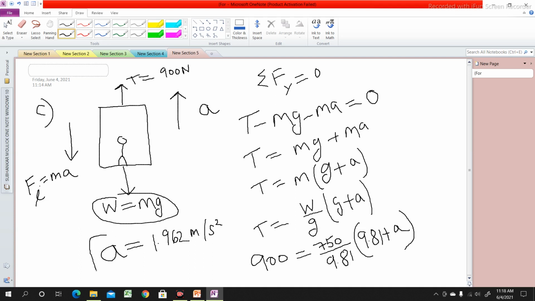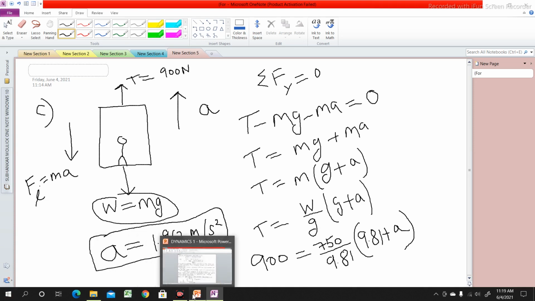So this is the last part of the problem. The lift is moving vertically upward with an acceleration of 1.962 meter per second square.